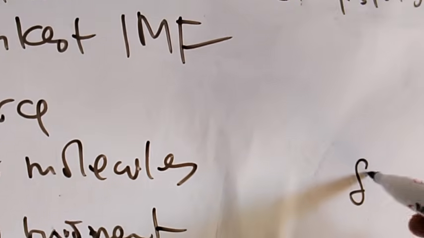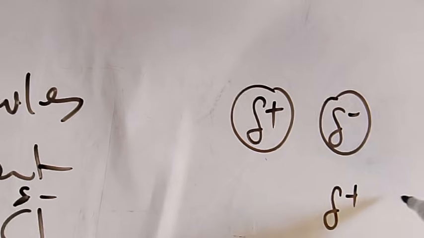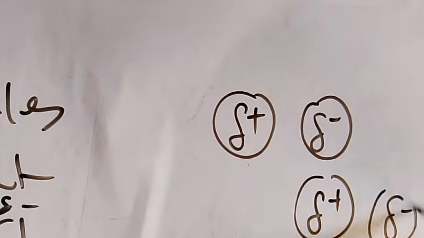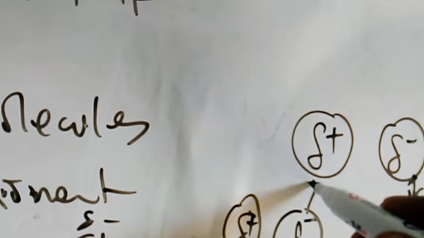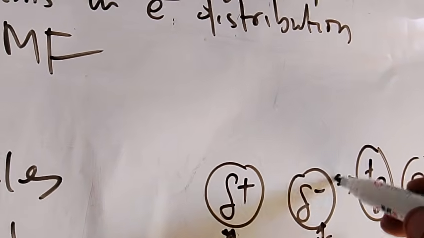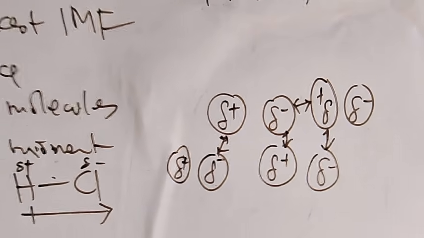So we have partial positive and partial negative, and this will interact with another molecule in this way. There will be an attraction, and dipole interactions are experienced here and also here.